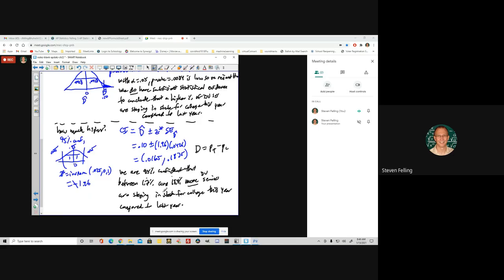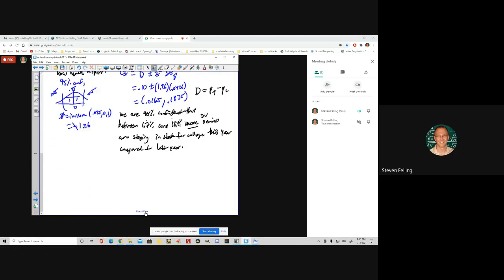So you have to somehow include these numbers, but these numbers are differences. So the write-up should specifically state that this is the percentage more seniors staying in state this year compared to last year. So you have to somehow get this written so that the direction is included.